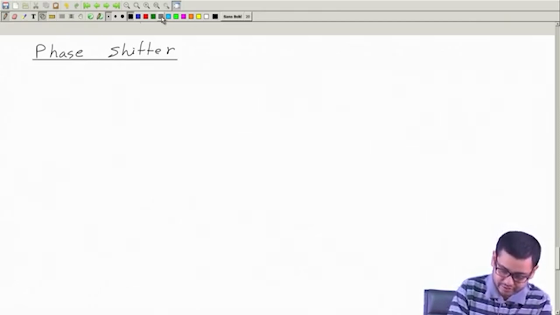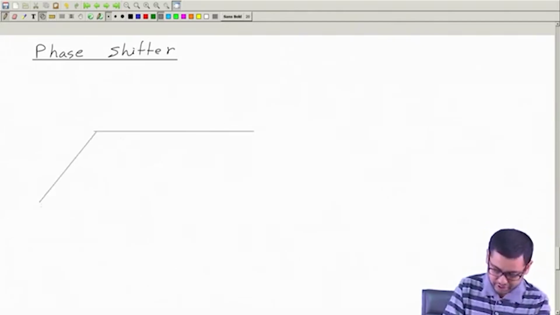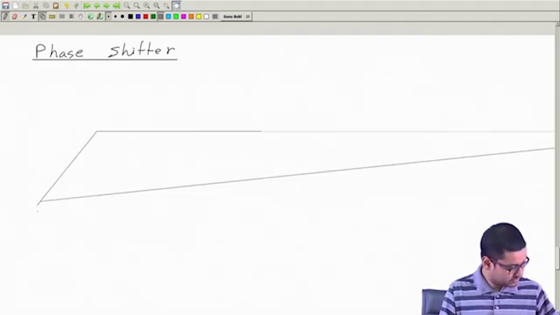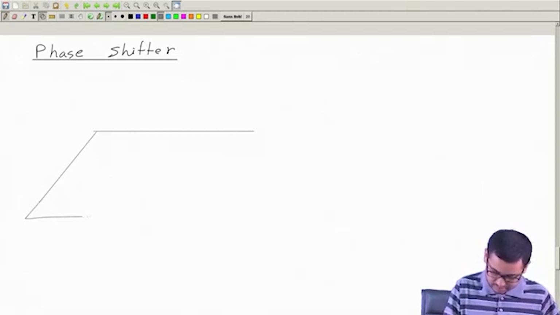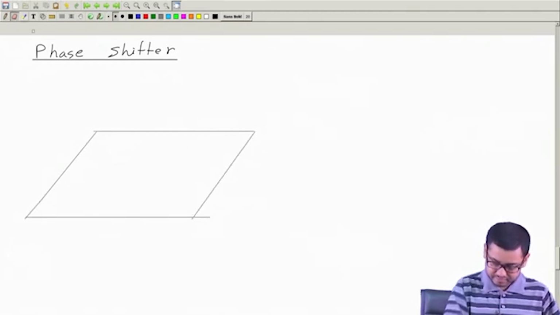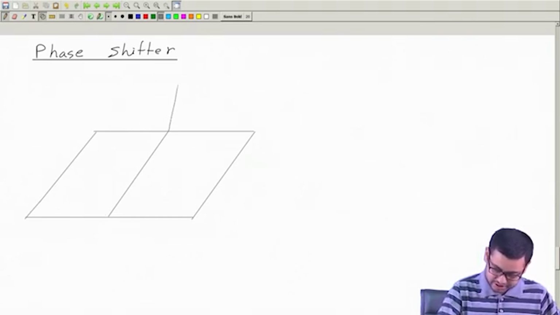Let us first assume that there is a plane like this, which is horizontal. Now, imagine another plane which is vertical, perpendicular to this.